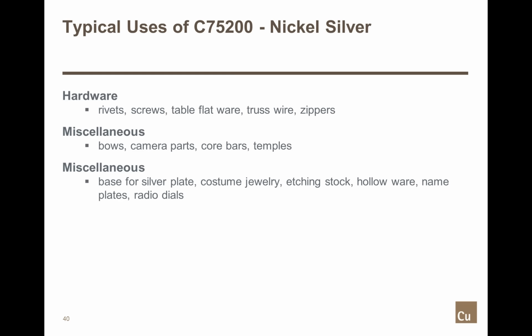But when you add about 18% zinc and an equal amount of nickel, the nickel turns it white. The original name for these alloys was German silver, and these were developed in a general sense in the early part of the 1800s in Germany. And they have been used since for a wide variety of applications.